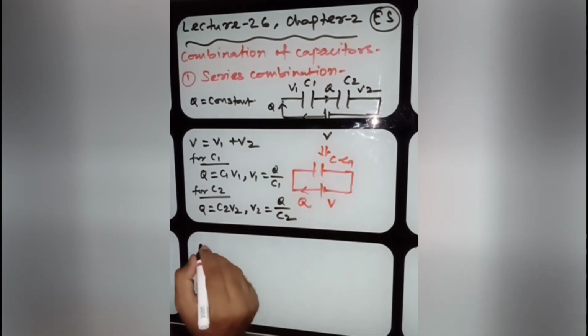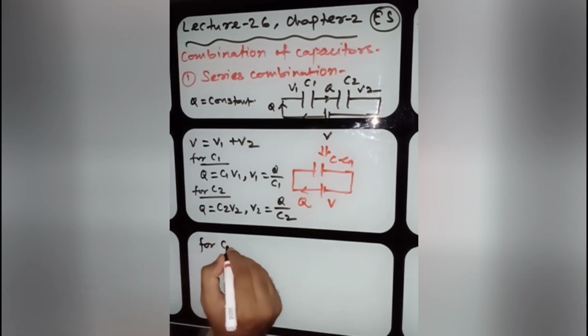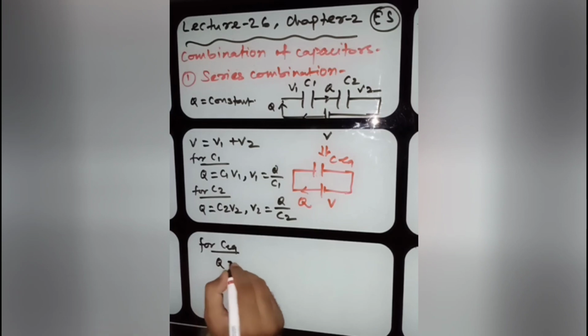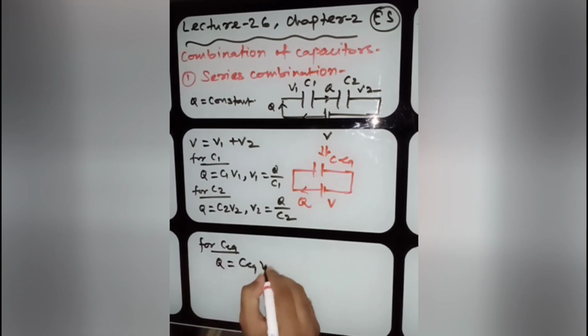Now for C equivalent, we can write Q equals C equivalent into V, and thus V can be written as Q by C equivalent.